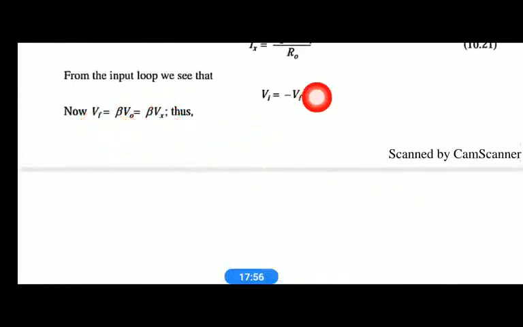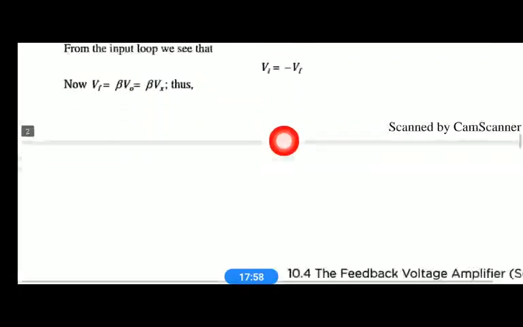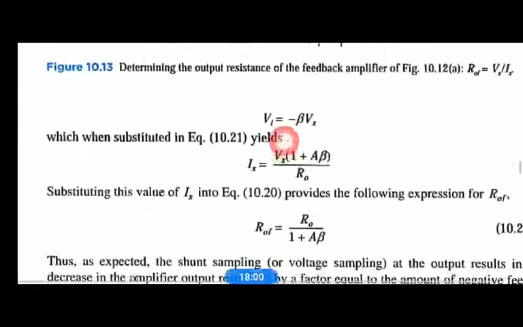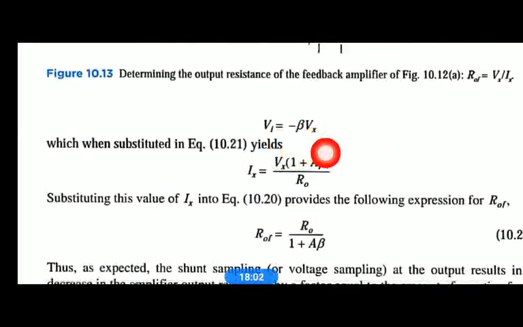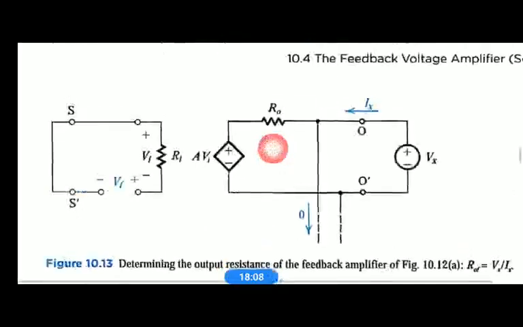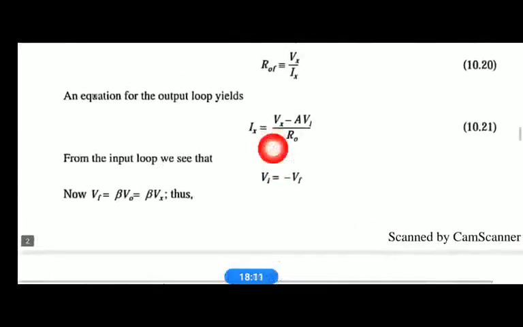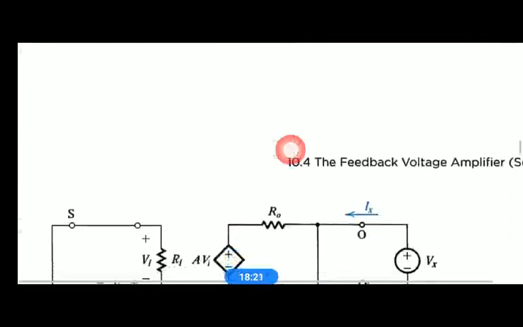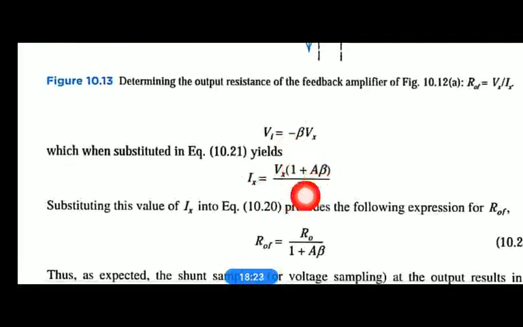Then Vi becomes minus beta Vx. Substituting this Vi value, minus beta Vx, in this equation, Ix equals Vx plus A beta Vx divided by R0. Understood, right?